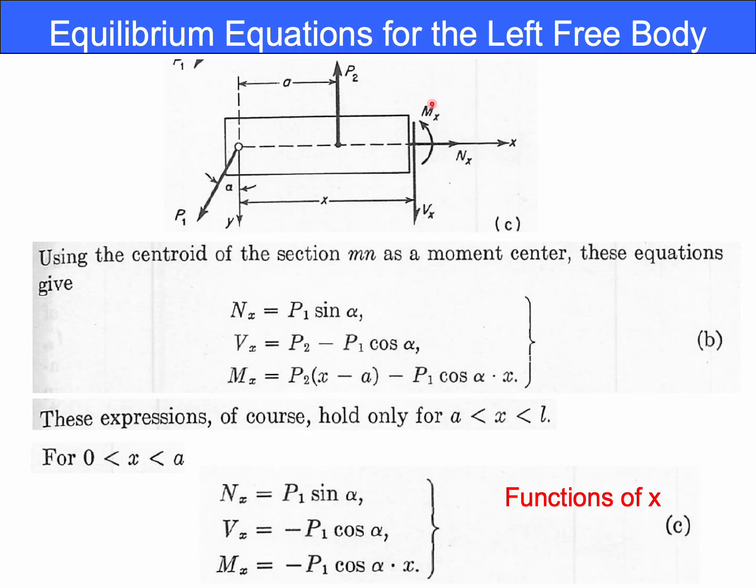Let us consider a free body of the cantilever beam with the unknown actual normal force and vertical component, that is the shear force and reaction moment, to balance with this force and this force. Okay.